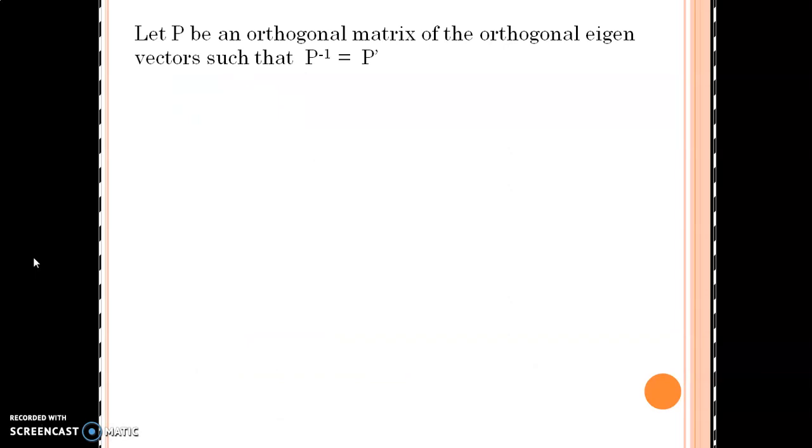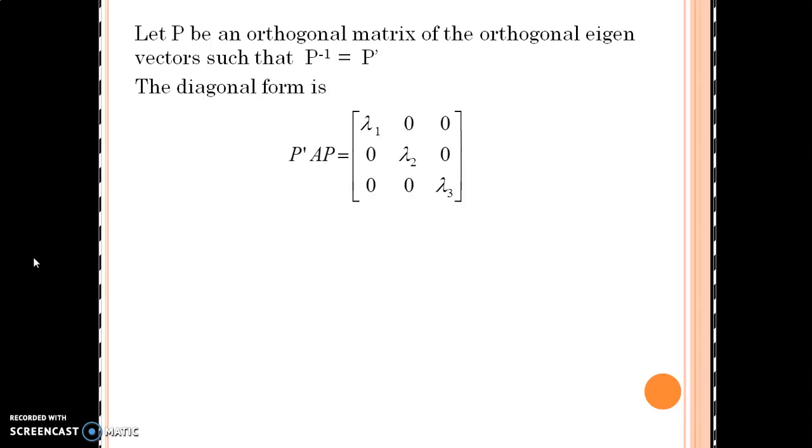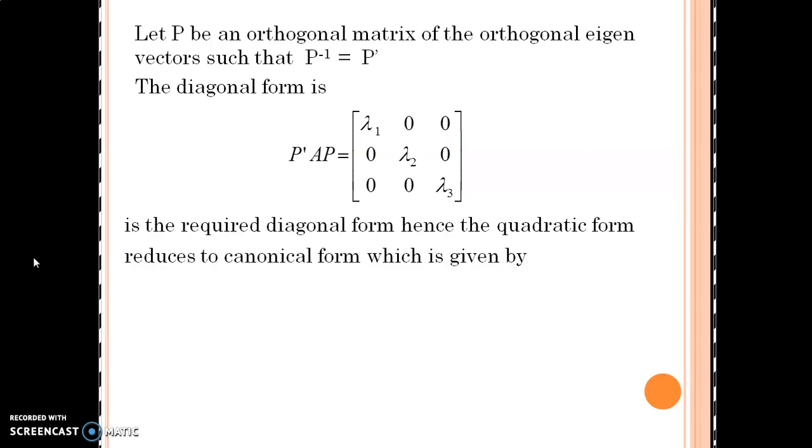The matrix formed by the normalized form of the eigenvectors, or the orthogonal eigenvectors, will be the orthogonal matrix, and it will have the property that P inverse will be equal to P transpose, and therefore the diagonal form can be evaluated using P transpose AP, and it will contain the diagonal elements as the eigenvalues.